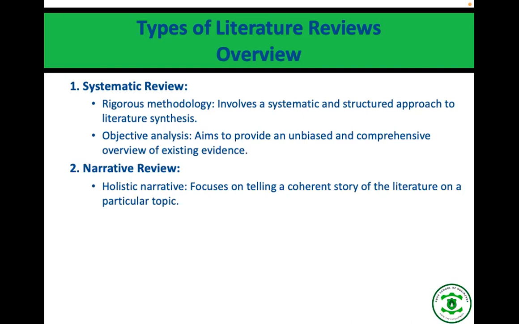Do you agree with me? When you are telling a story, it involves a level of subjectivity. But if I'm going to do a scientific systematic review, it means that the processes I am going to follow to conduct the review, if somebody else follows that systematic approach, he should arrive at my findings. But if I do a narrative review, and someone is also going to do a narrative review, our conclusions may differ because of the element of subjectivity we will get here, and the element of objectivity we will get here.